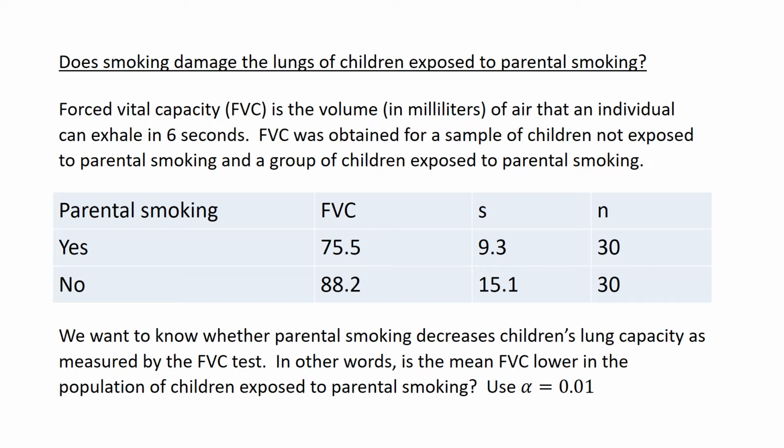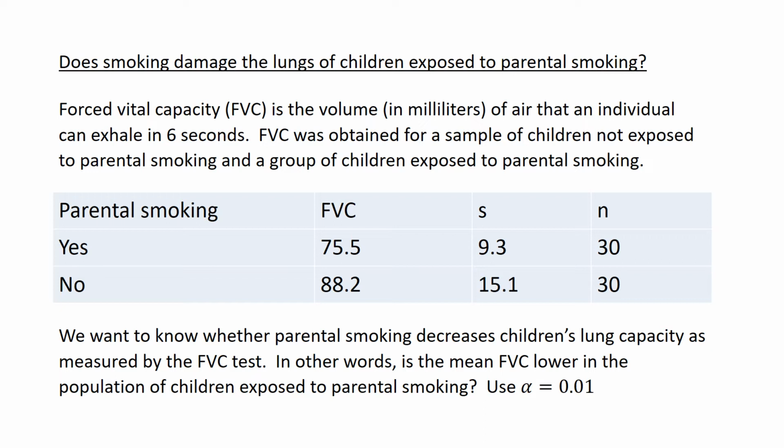And S also tells us we're calculating a mean because we often calculate a standard deviation with mean results. We don't calculate a standard deviation for our proportion. We don't say the proportion of women who vote for Donald Trump is 60% with a standard deviation. No, we don't say that.